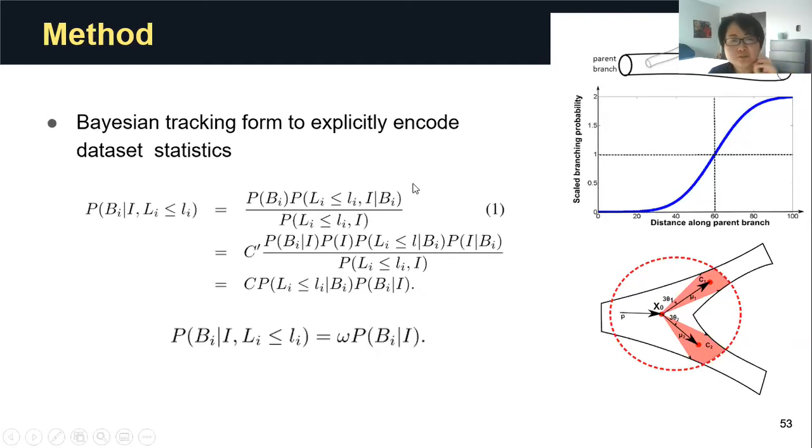So we can encode that into a Bayes formulation for the length statistics, and we also encode the mean and standard deviation of the angular information into the daughter branch detection.